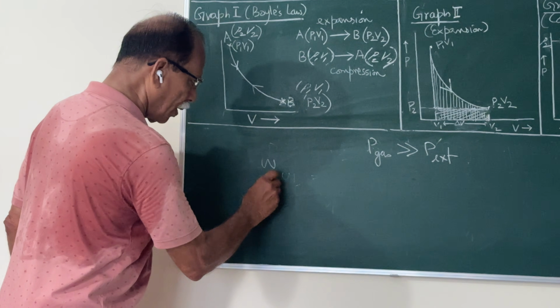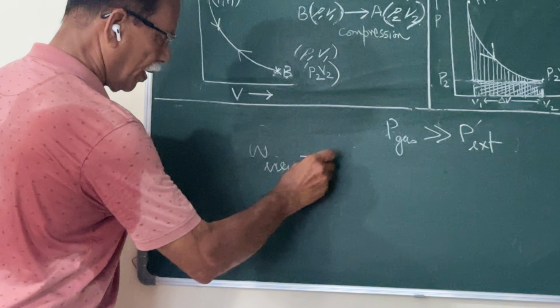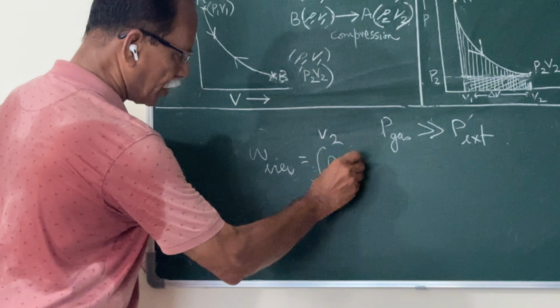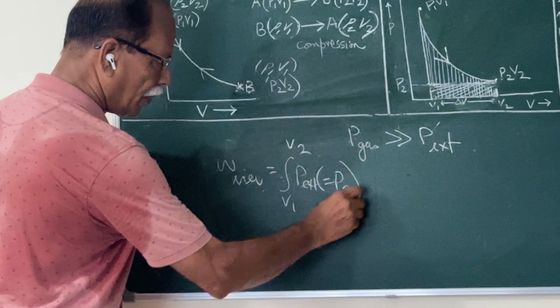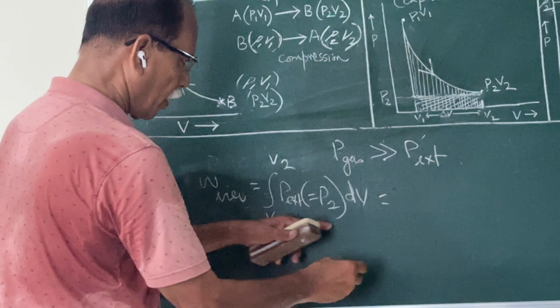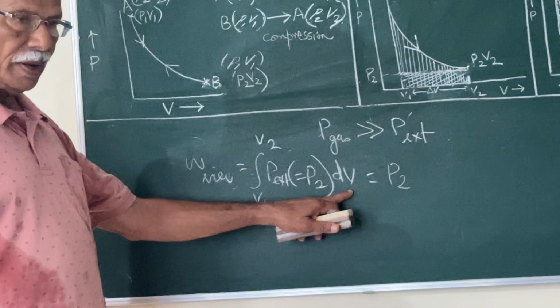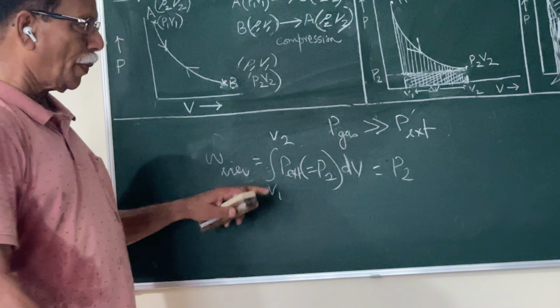Now, W irreversible is the integral from V1 to V2 of external pressure, which is now equal to constant P2, dV. Being a constant, it is taken out, and the integral of dV is V. Applying limits, it becomes V2 minus V1.